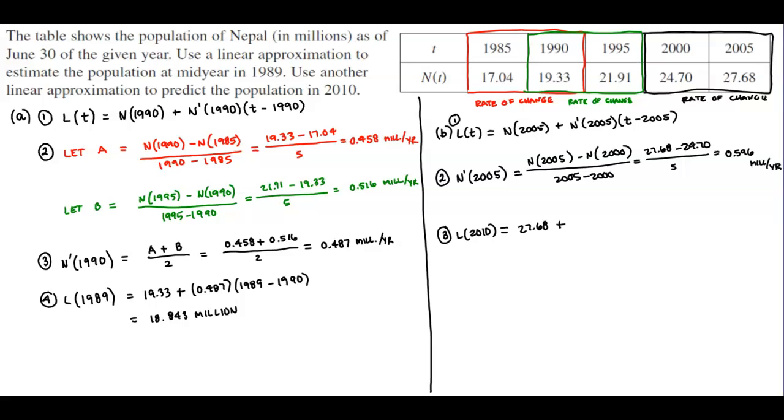Plus we know n prime of 2005 is 0.596. And we're going to multiply that by 2010 minus 2005. And so we end up getting 30.66 million as the prediction of the population in 2010.